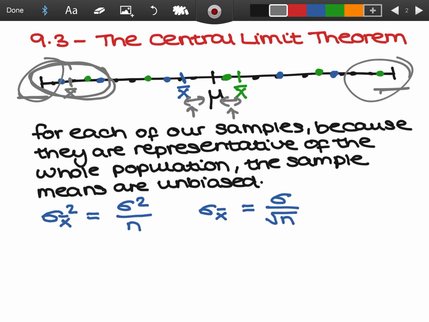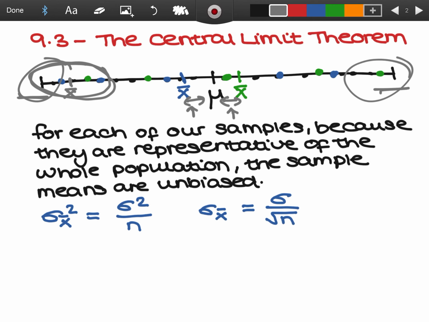When I have data points that are really far out, compared to where my population mean lands, that must mean that my variance is large, okay? Because I've got some data points that are very close to the population mean and some that are very far away. So that means that my variance would be a fairly large number.